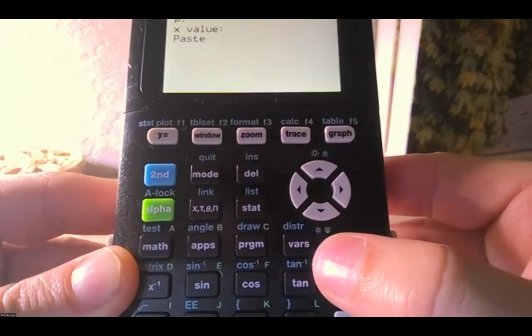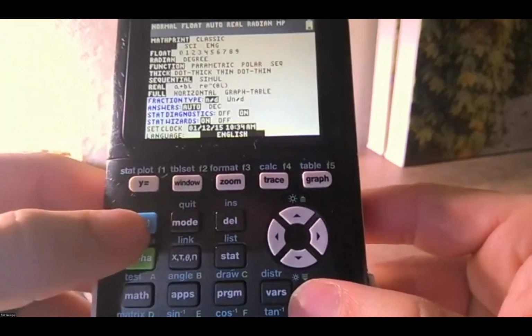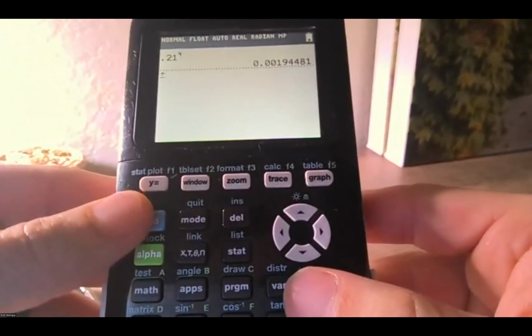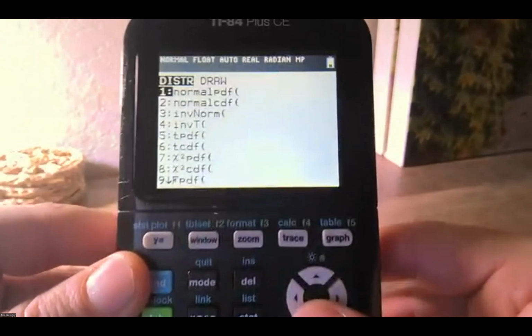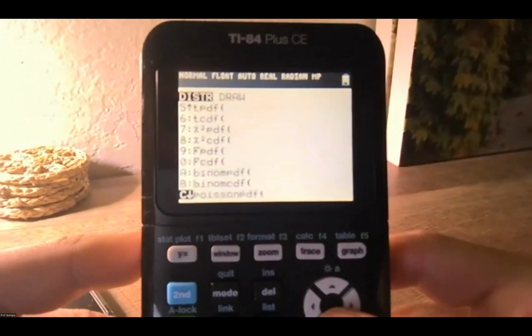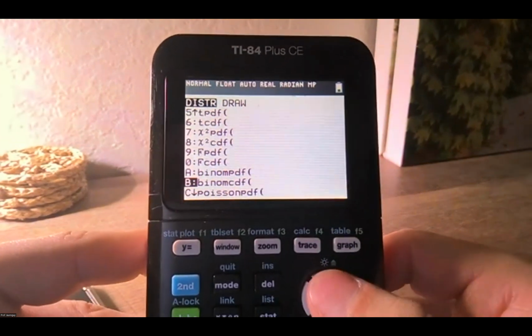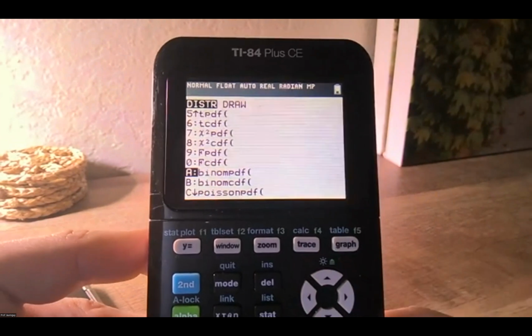It's behind the VARS button. So we're going to go second. Well, let me quit first. Get to the home page. Second VARS. And when you scroll all the way down, there's binompdf. Keep in mind that binomcdf is below it. We're going to use both. But for right now, it's just PDF.